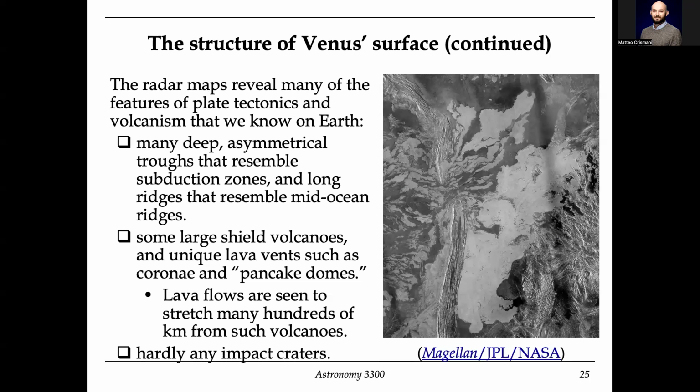Here, these things look like mid-ocean ridges. Long places. You see this rill here? Long places where crust is being apparently constructed. And some large shield volcanoes. You have things like pancake domes that are unique to Venus and really runny flows, lava flows that are very emblematic of, say, Hawaiian viscosity of magma.